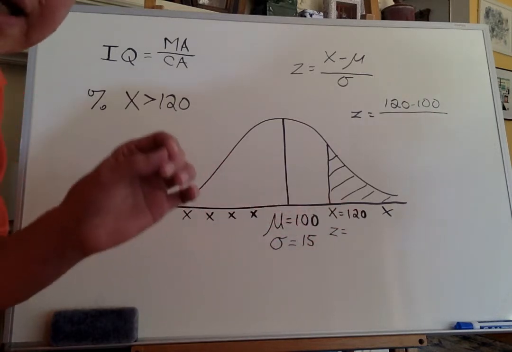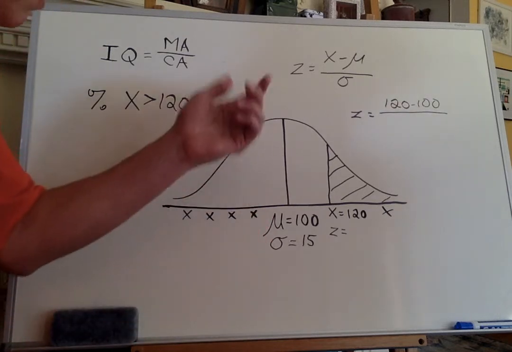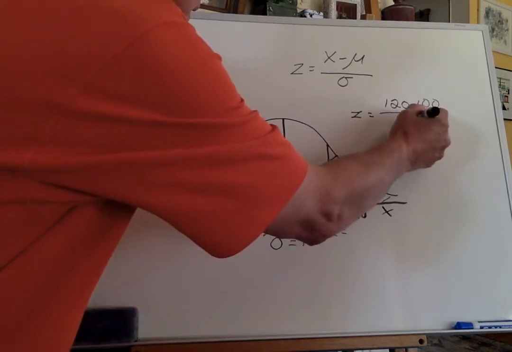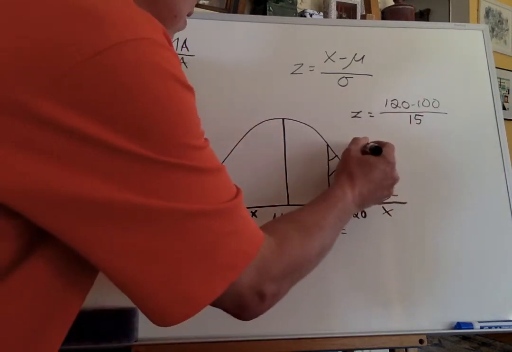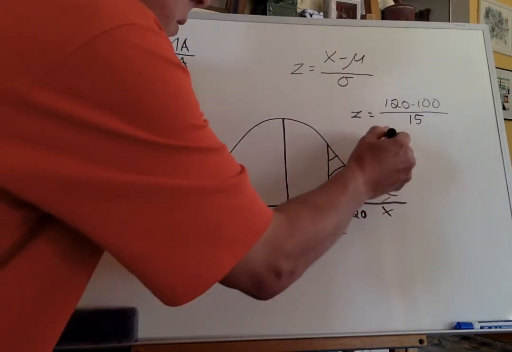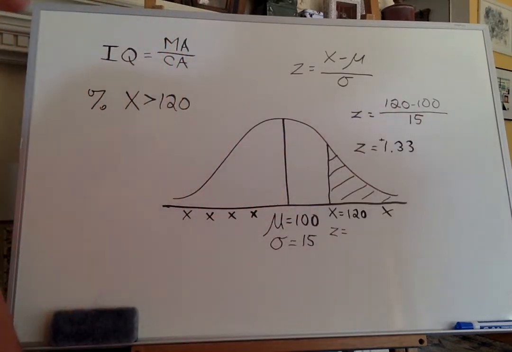And then I'm going to put that in terms of, or in the currency of, z-score, standard deviation. So I'm going to divide by 15. My z-score here then is 20 over 15, which is 1.33, and that's positive, okay? Positive 1.33.